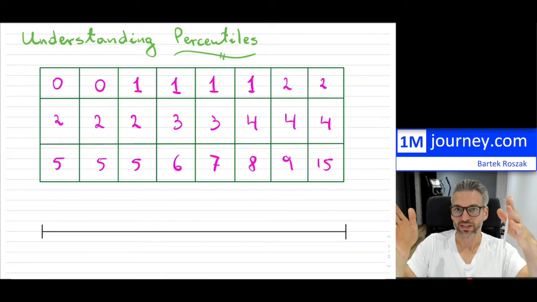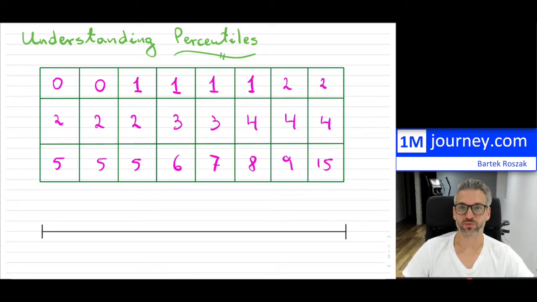So it's not very relevant to use percentiles on very small data sets. Even something like this, where there are 24, most of the time percentiles will be used when you are in the hundreds, or most likely even in the thousands or 10,000s or millions, where those percentiles can divide the data set.